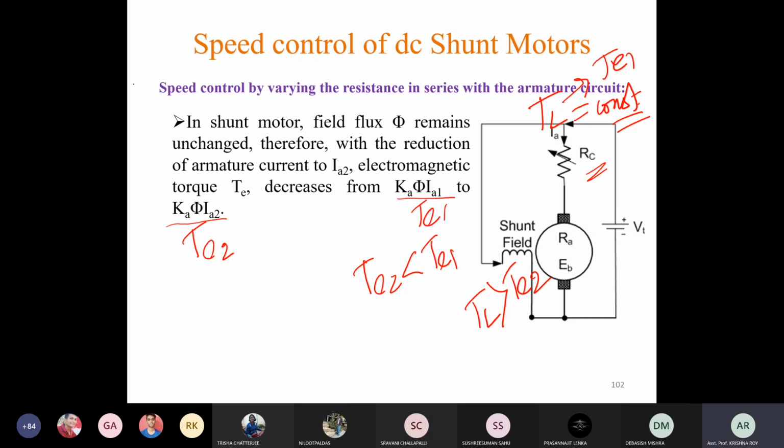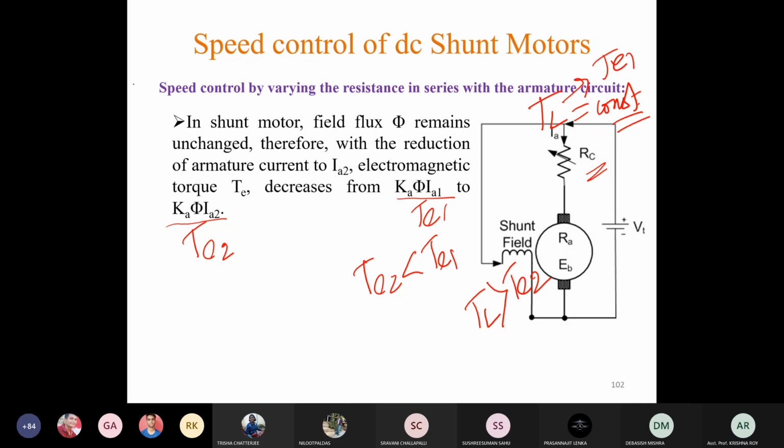So what will happen? If the load torque is greater than whatever torque is developed by this motor, what will happen? Suppose you have the capability of carrying 50 kilogram, and you are given 100 kilogram to carry.